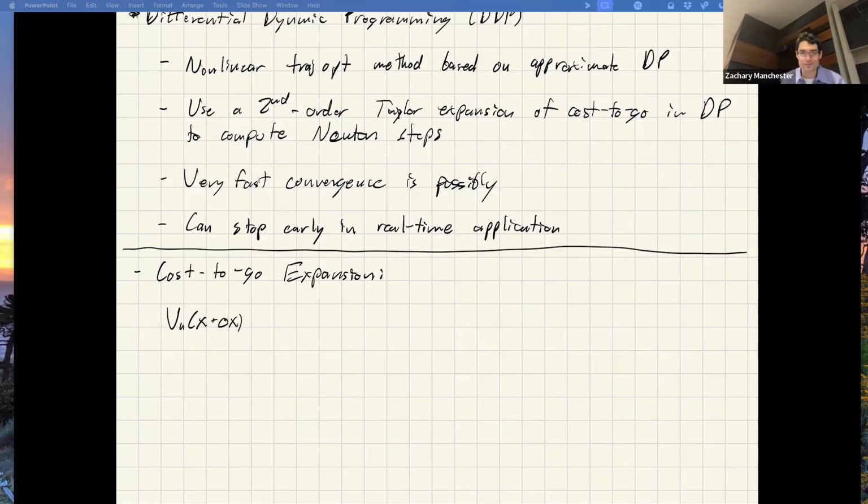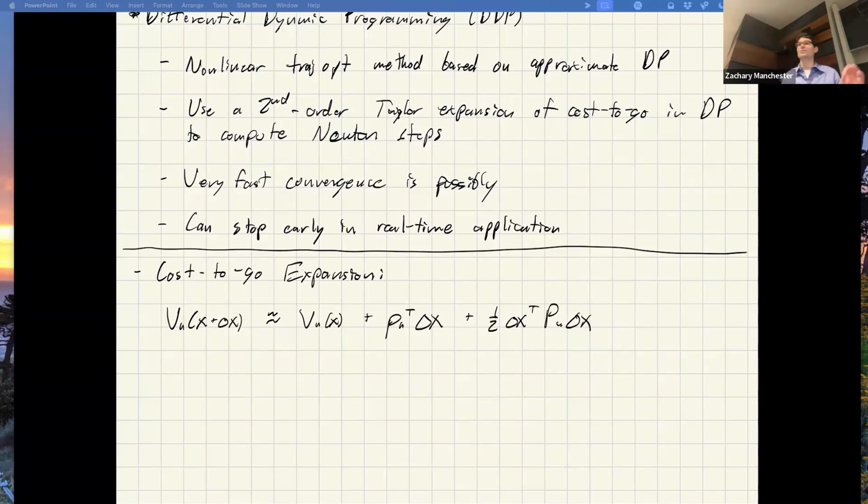Here it's differential dynamic programming, but dynamic programming is pervasive in all these things. So here I'm going to take a Taylor expansion of this in delta x. I've got a gradient term, which we're going to call little p, and then a Hessian term that we're going to call big P. At each time step, we're going to get a little p sub k and a big P sub k.